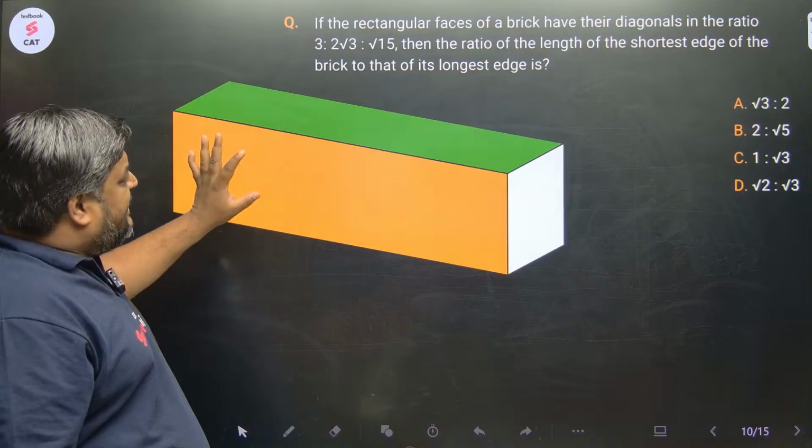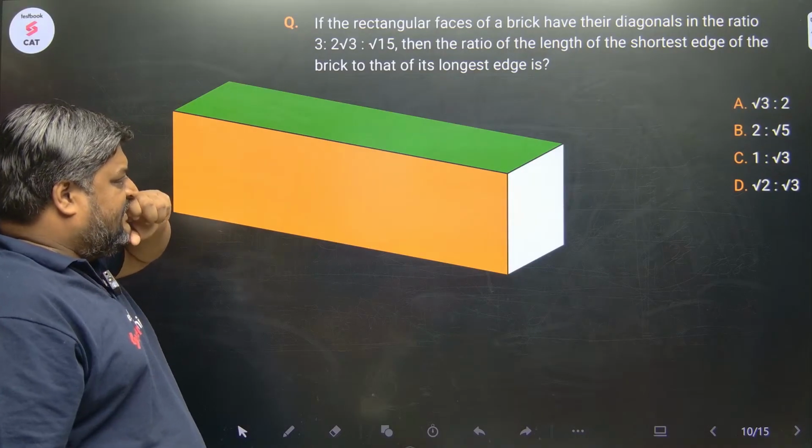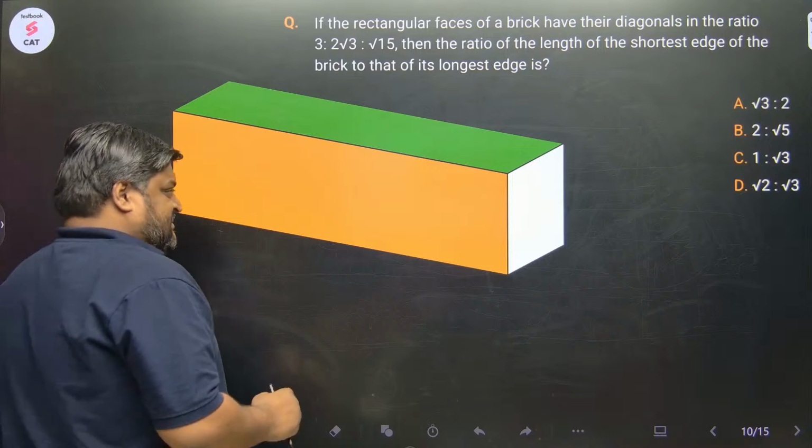Abhi dekho, we have 3 faces. Okay, we have 3 faces, 6 faces, right?